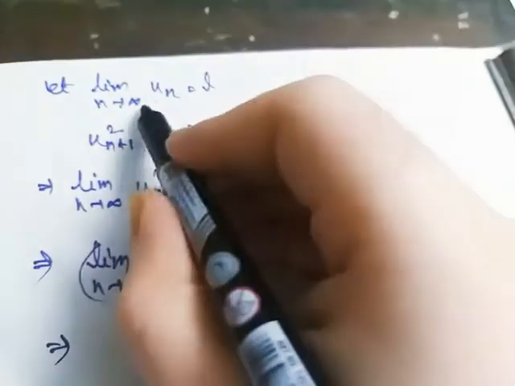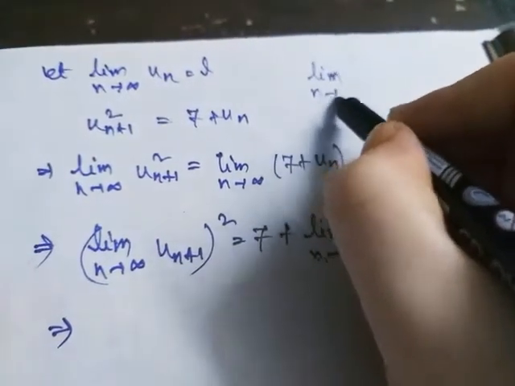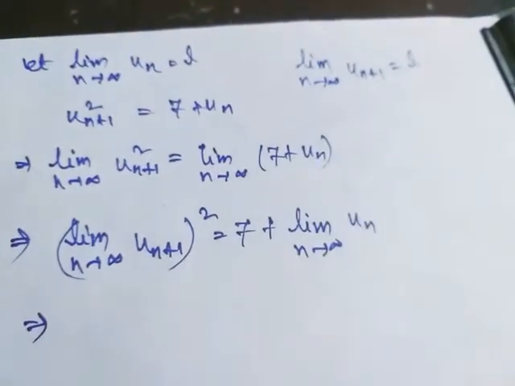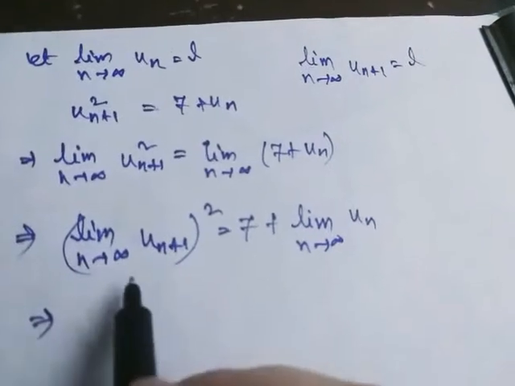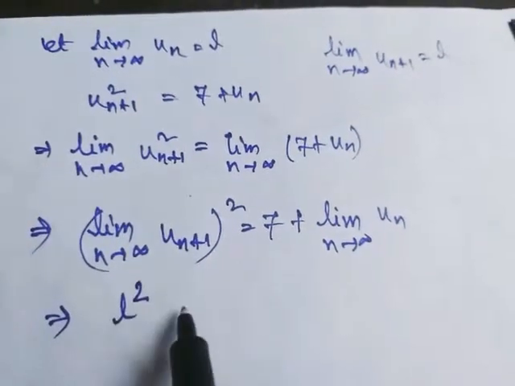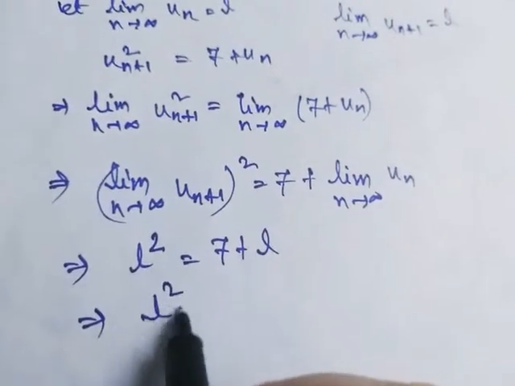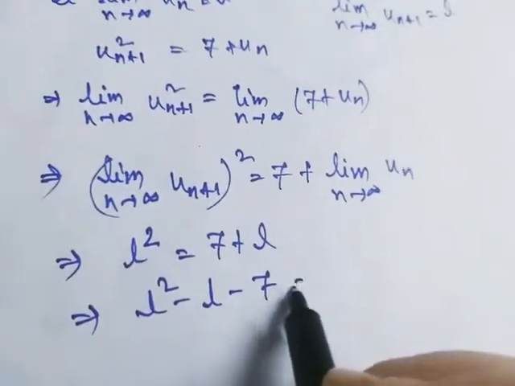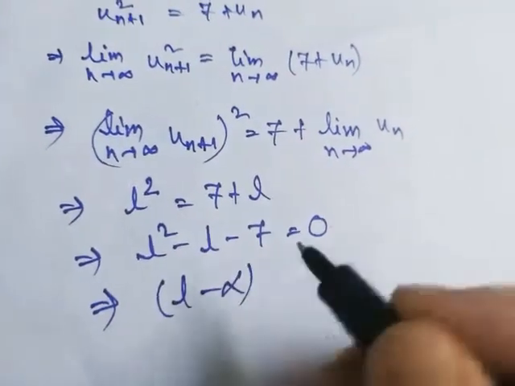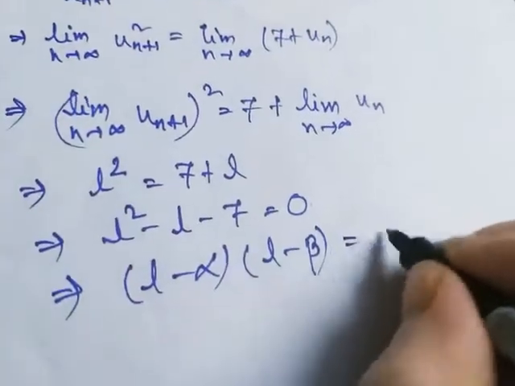Now, limit n tends to infinity u_n equals L, so we can write also limit n tends to infinity u_{n+1} equals L. Therefore L square equals 7 plus L implies L square minus L minus 7 equals 0. We can write this as (L minus alpha)(L minus beta) equals 0.